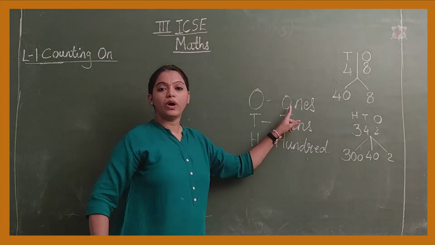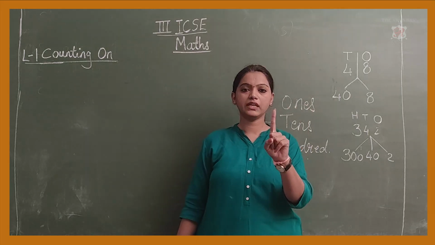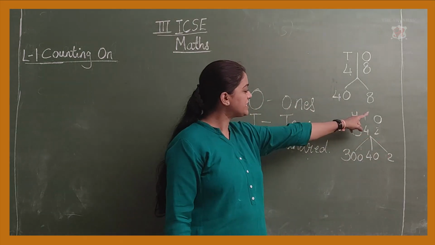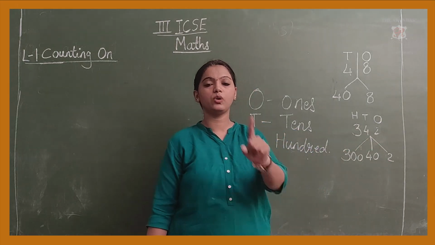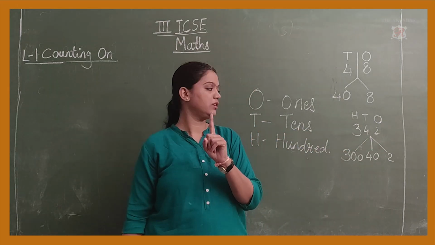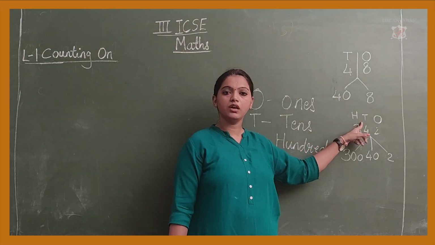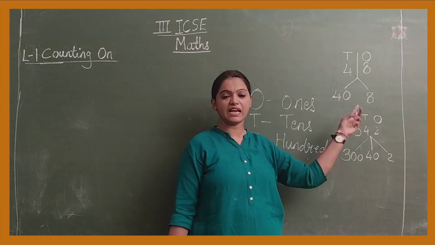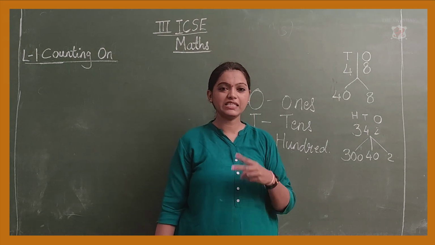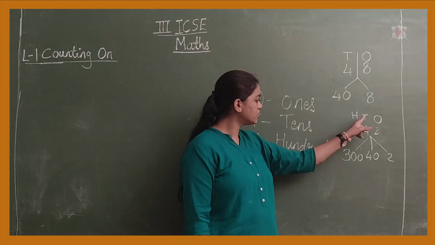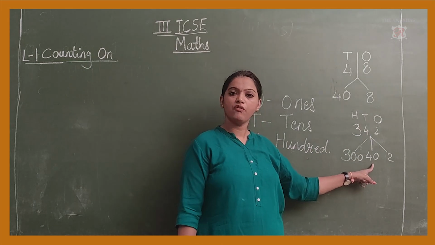Ones place always has a single digit. The number which falls under the O category, that is the ones category, is always a single digit number. Next comes your tens. So tens always have a 2 digit number. How many digit numbers do tens have? 2 digit number. So here you got the answer as 40.